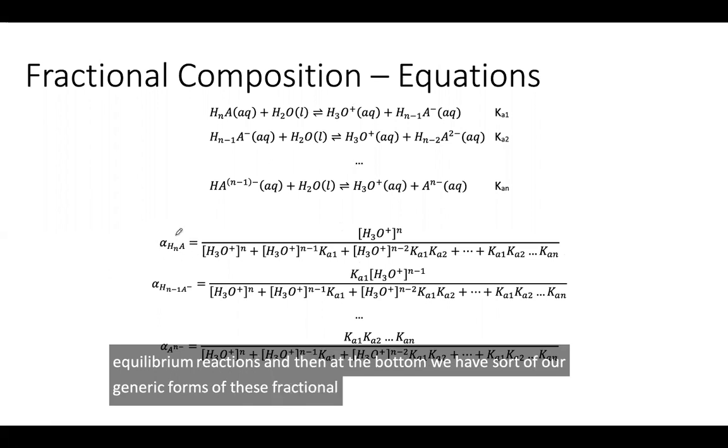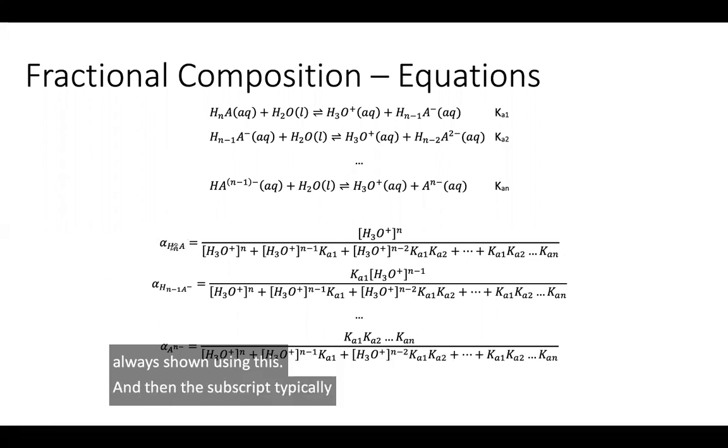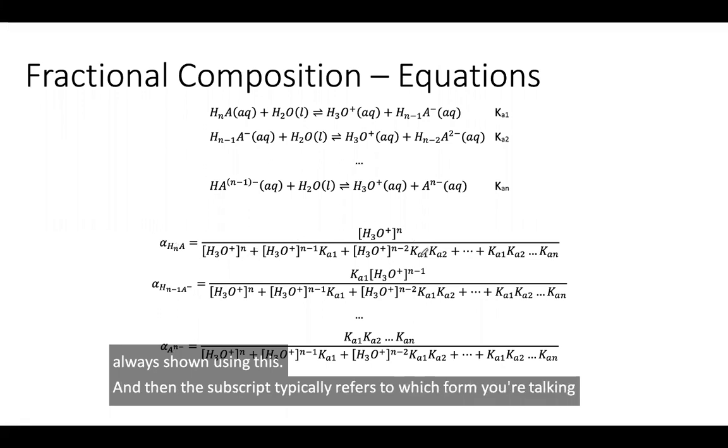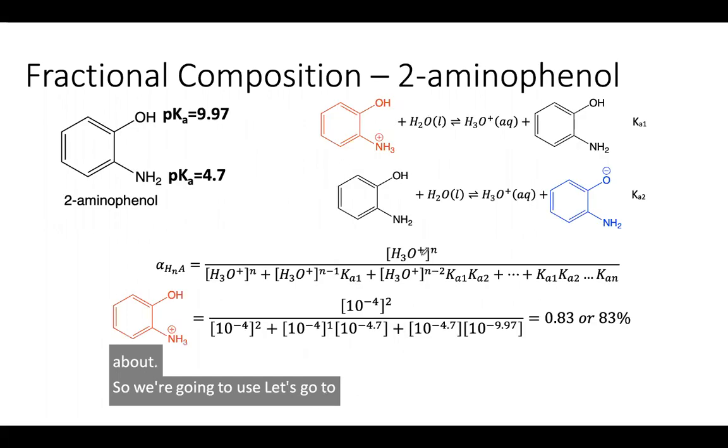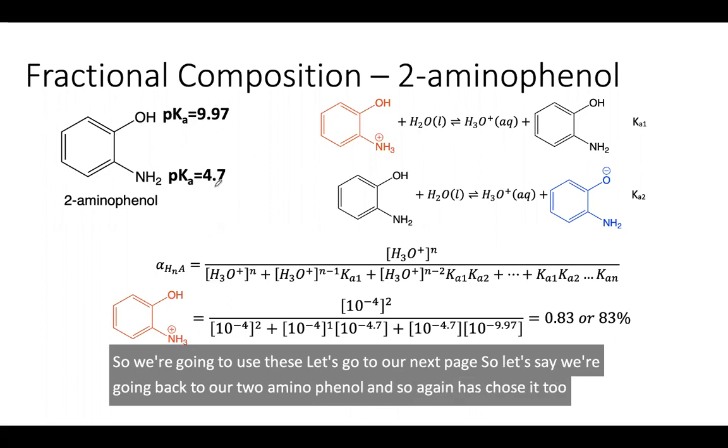Fractional compositions are always shown using this alpha, and then the subscript typically refers to which form you're talking about. And so we're going to use these. Let's go to our next page. So let's say we're going back to our 2-aminophenol. Again, it has two acidic locations. We know the pKa's.